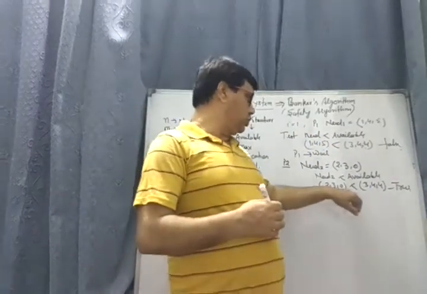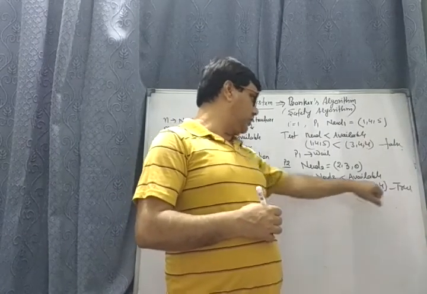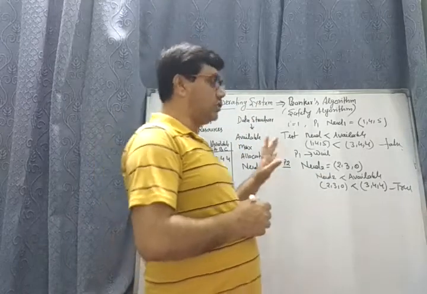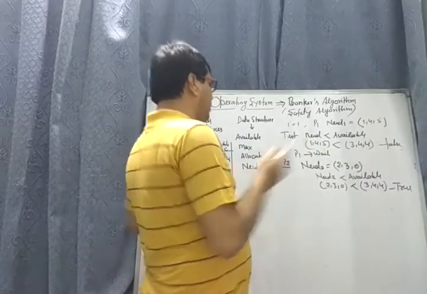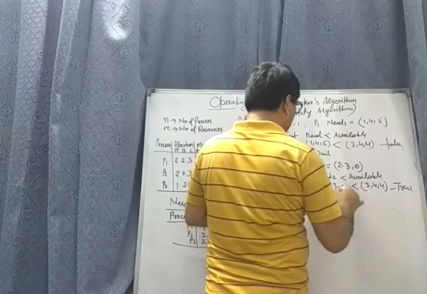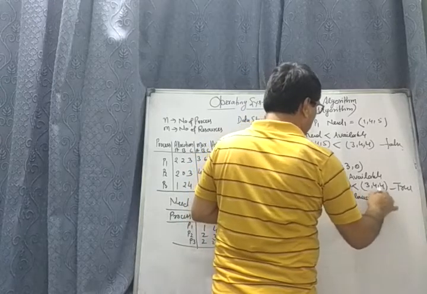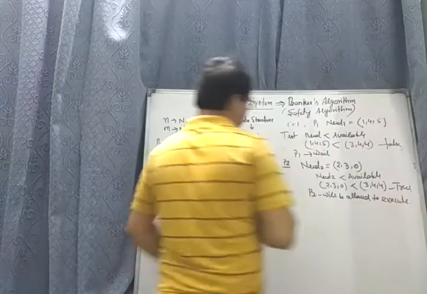That means 2, 3, 0 is less than 3, 4, 4 because 2 is less than 3, 3 is less than 4 and 0 is less than 4. That means this condition is true. That means process P2 will be in the safe sequence and process P2 will be allowed to execute.